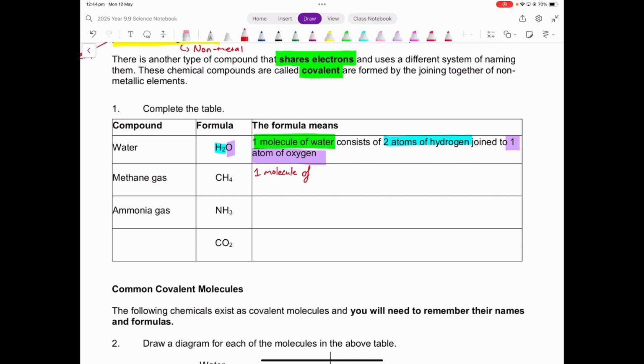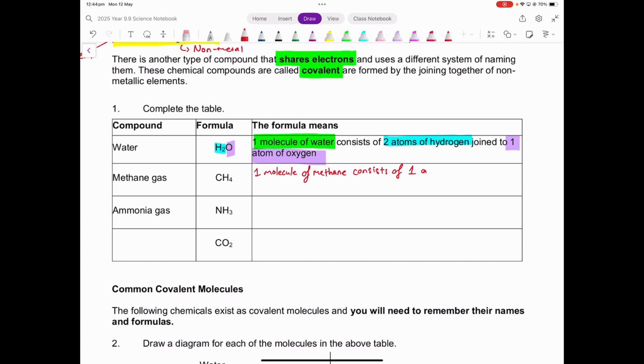Next one, if we do this one together, I have 1 molecule of methane. What does 1 molecule of methane consist of? It's just a C by itself. So it consists of 1 what of carbon?